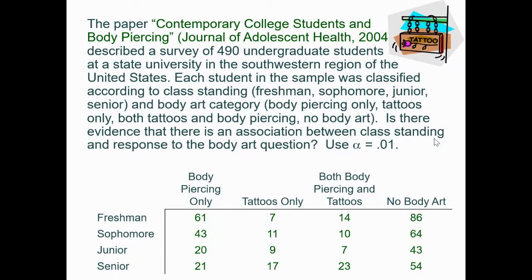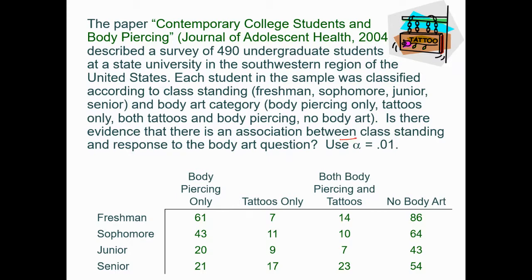Okay, so what tells us in this problem, other than me telling y'all, that we have to test for independence here? If you read the problem, what would tell you that we're testing for independence? That's right.